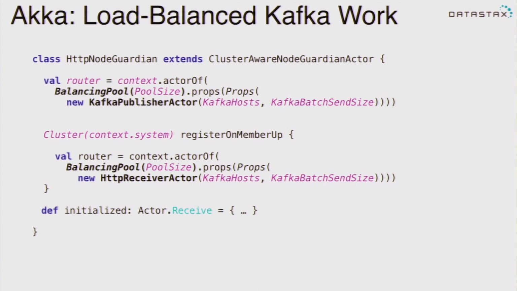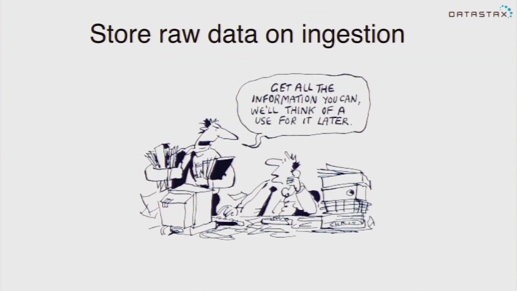I don't know how many of you have dealt with slow consumers, or if you're doing profiling and you see IO wait, this is where you can avoid that very, very simply. It's all just built into Akka. And this is a really common use case where you want to store raw data right on ingestion, like snapshot it off, and then proceed with all of your Spark computations.